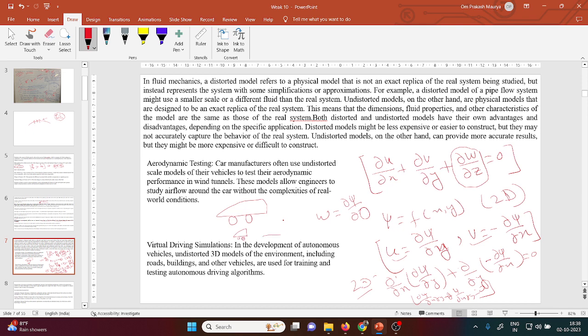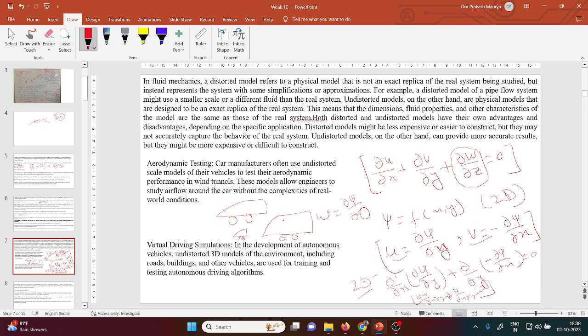They are similar. These two things are similar in the length, width, everything.